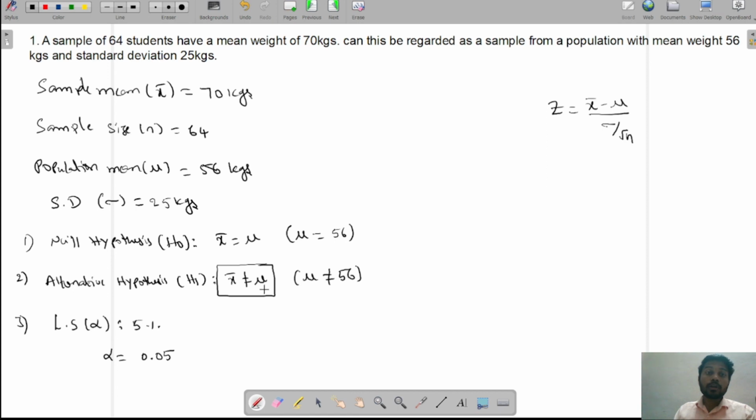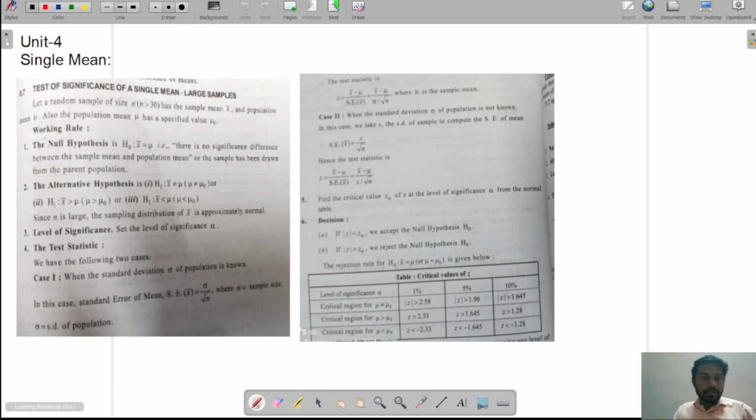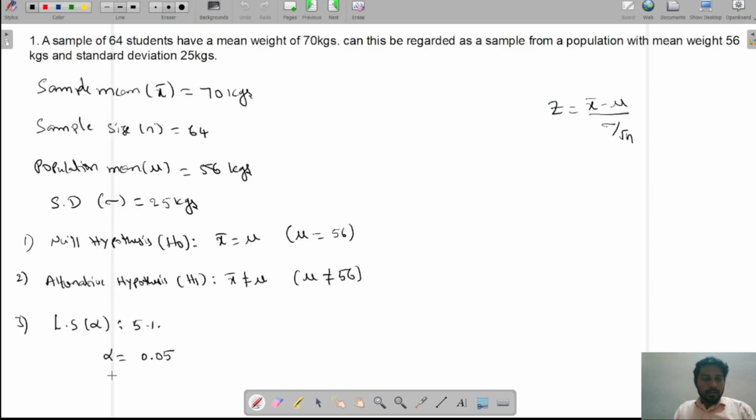If we are talking about alternative hypothesis, I say greater than or less than, then that I have to mention in the question. So now he did not mention anything about alternative hypothesis. So I took that as standard value x bar not equal to nu, right?